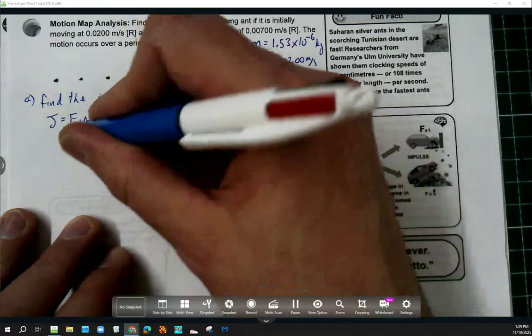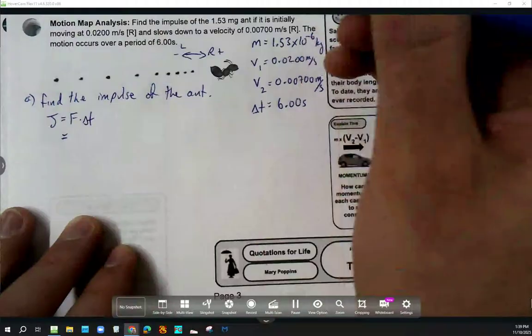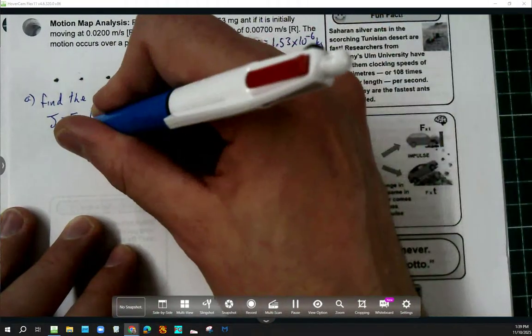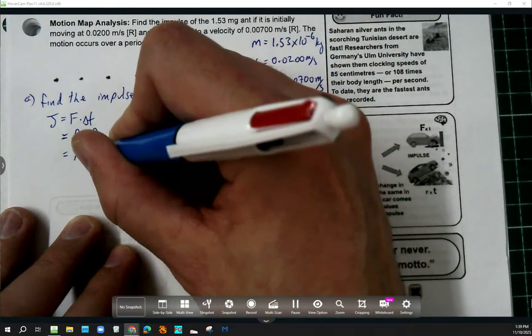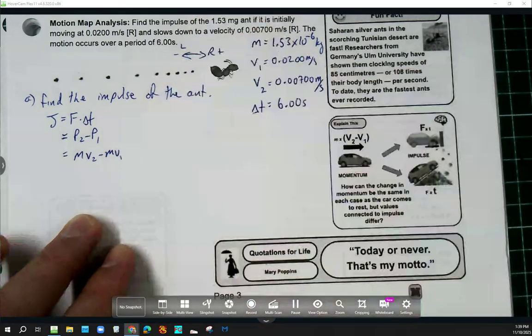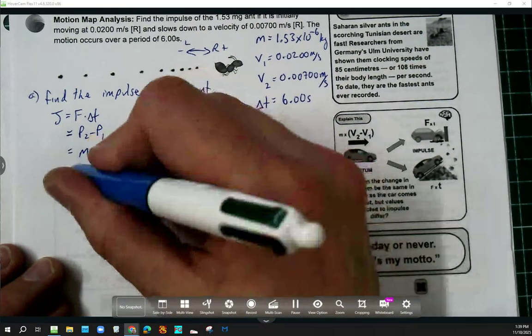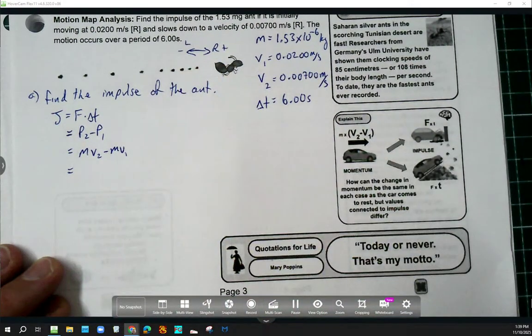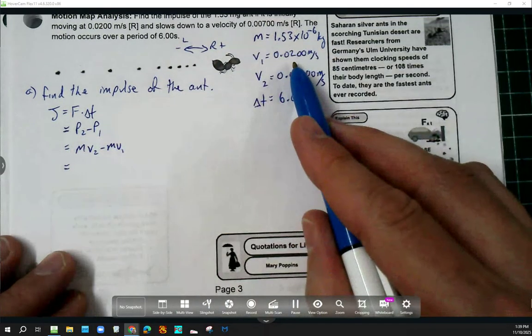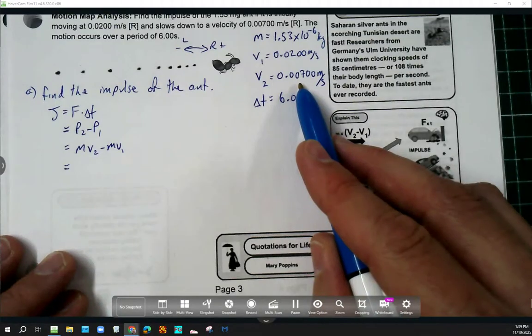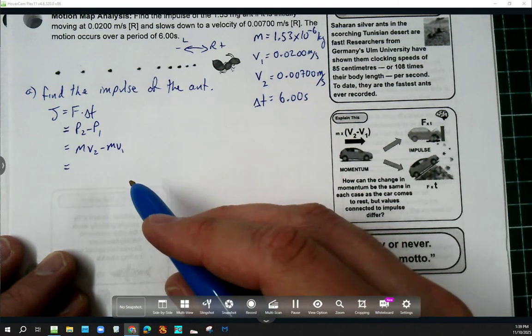So instead of saying force times delta T, I might do P2 minus P1, which would expand out to mV2 minus mV1. I know the mass is a little bit ridiculously small here, but maybe realistic. Remember, we're moving along at 2 centimeters per second and 0.7 centimeters per second, at the beginning and at the end respectively.